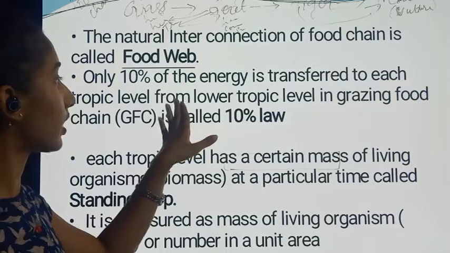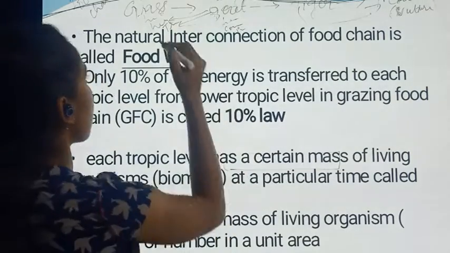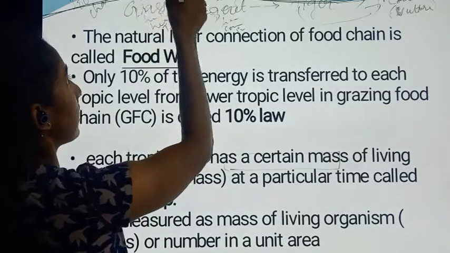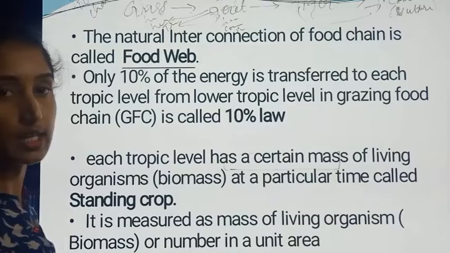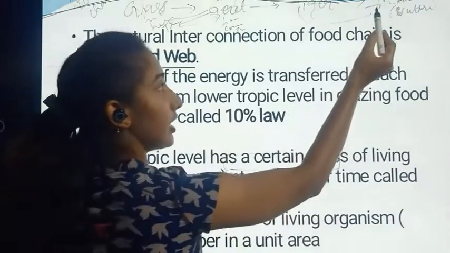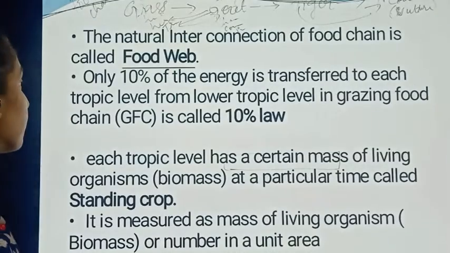In the trophic levels, from the lowest trophic level are the producers, next come the primary consumers, next the secondary consumers, and in the end we can see the tertiary consumers.